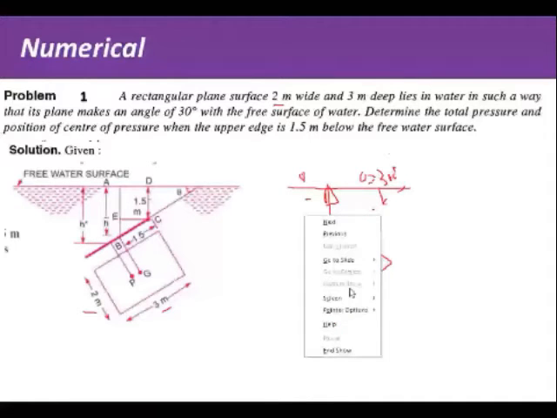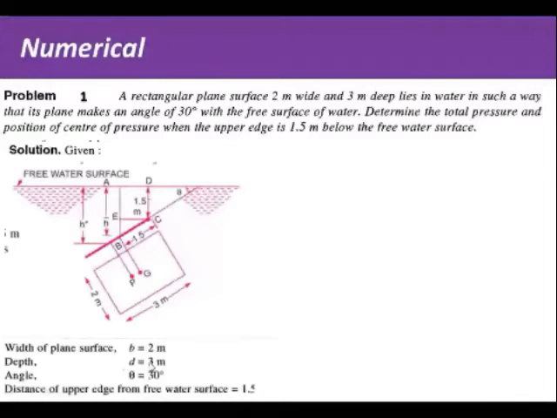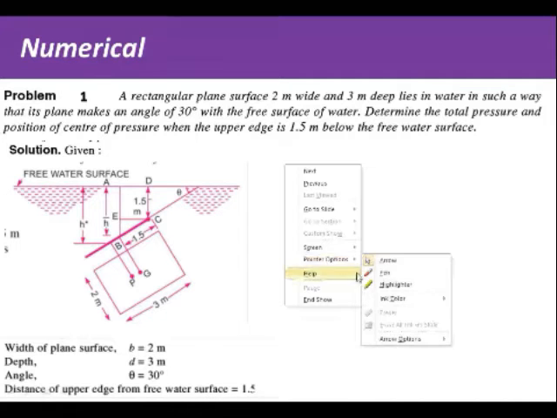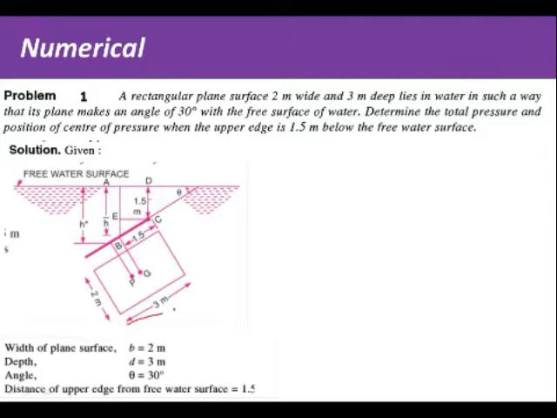So all this information is given to us. Now depth is d equals 3 meter, angle theta is 30 degree, and the distance of top edge is 1.5 meter.